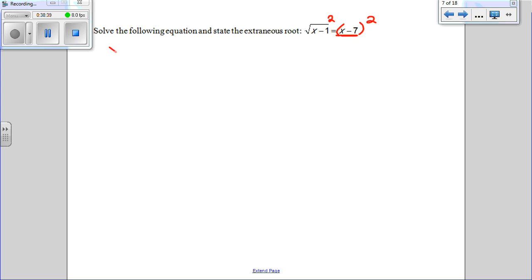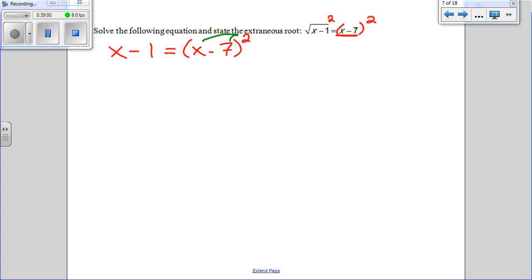That means it gives me x minus 1 equals (x minus 7) squared. The next thing people forget is that a binomial squared does not mean what I'm about to do. You don't bring the squared in.